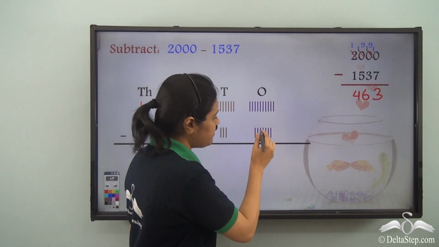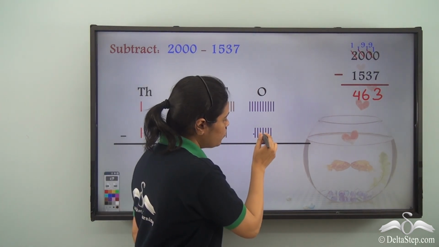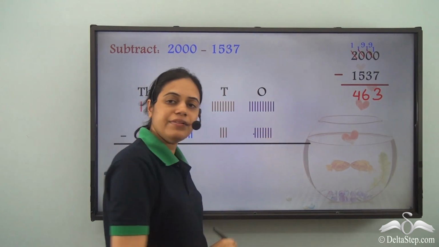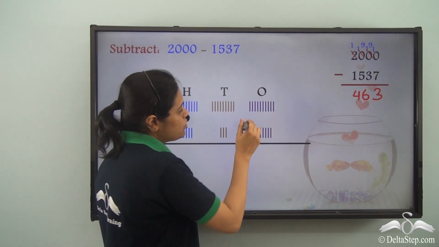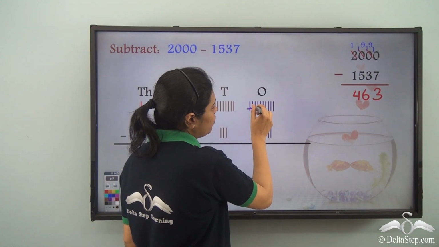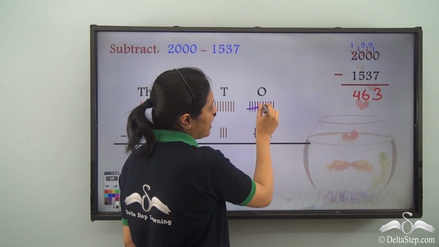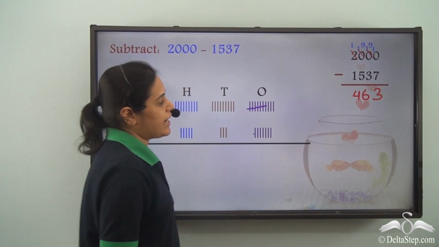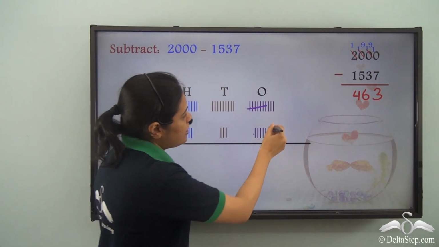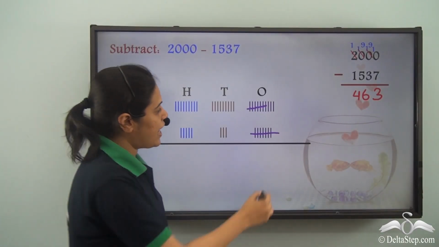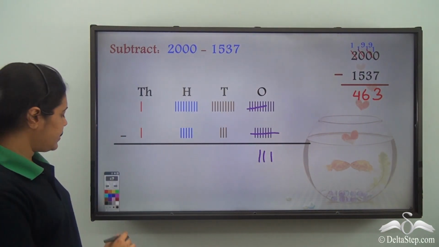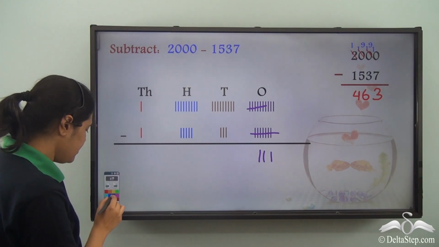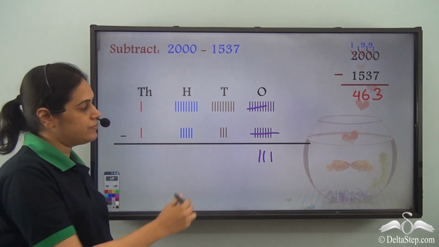So in the ones place I have 1, 2, 3, 4, 5, 6, 7. So I need to take away 7 from here. So 1, 2, 3, 4, 5, 6, 7. I take away this 7 and I am left with 3. In the tens place, I have to take away 3.